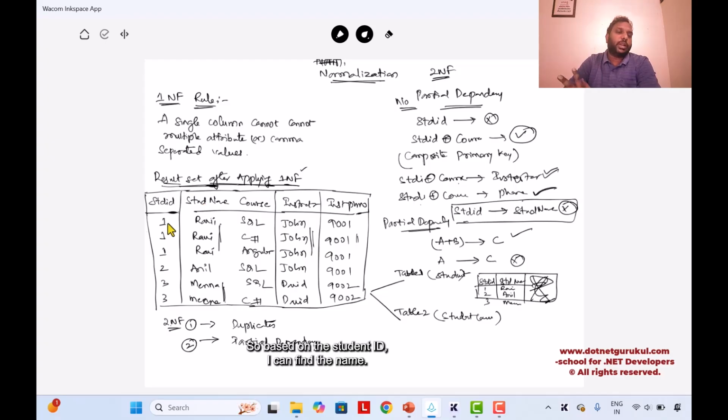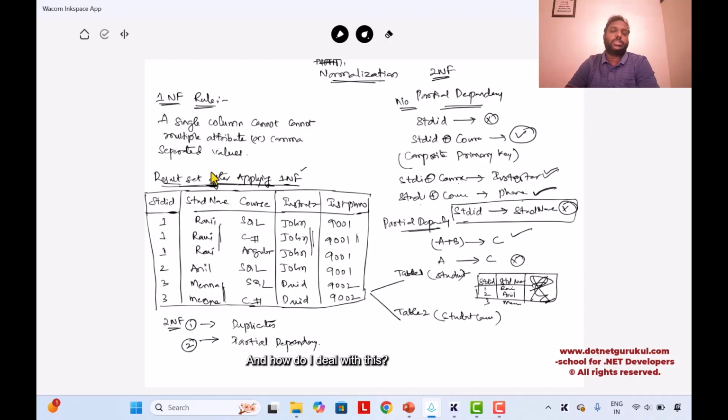So if A plus B determines C, A alone should not determine C. Student ID plus course can find the instructor and the phone number, but student ID alone can identify the student name, which is nothing but the partial dependency.